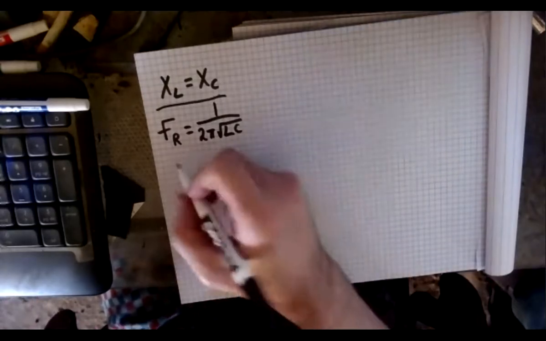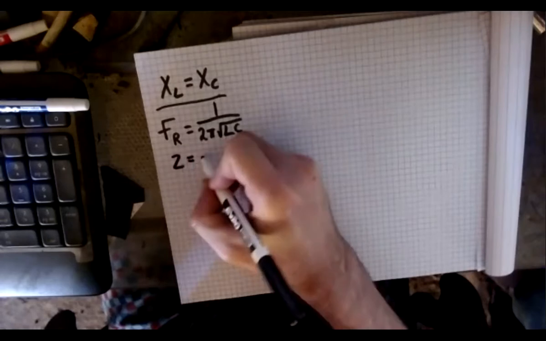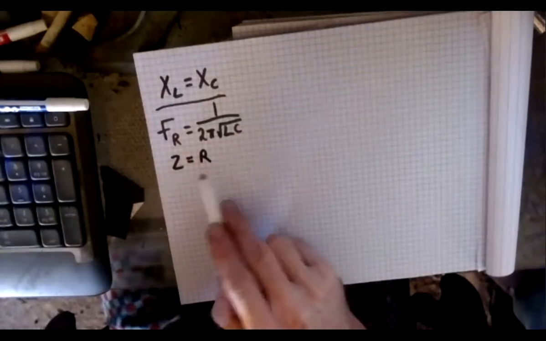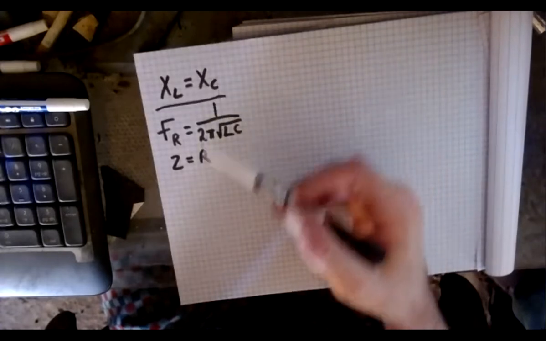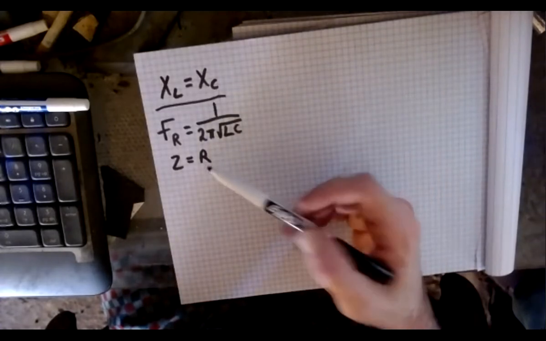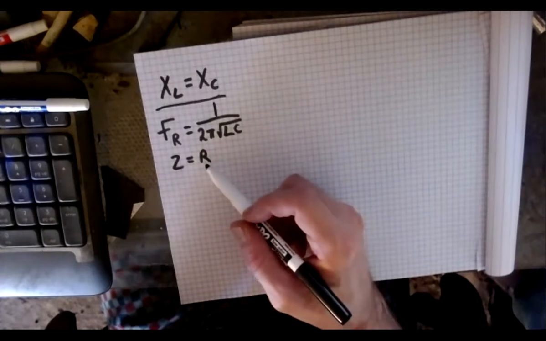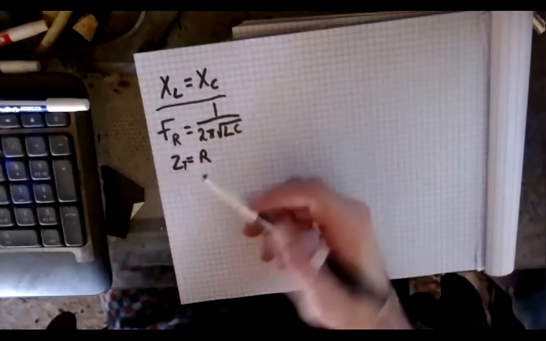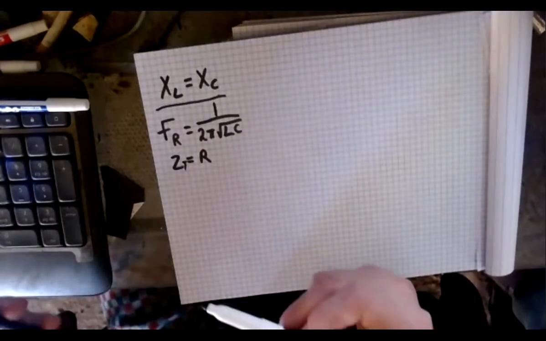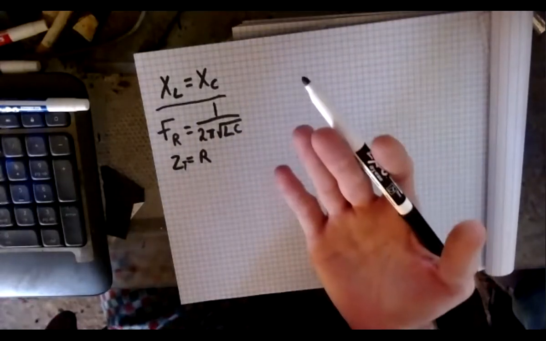And then we know at this point that Z is equal to R. By this, they cancel each other out. So whatever our R value is in our circuit has now become what my total impedance would be. And what's the phase response on this?